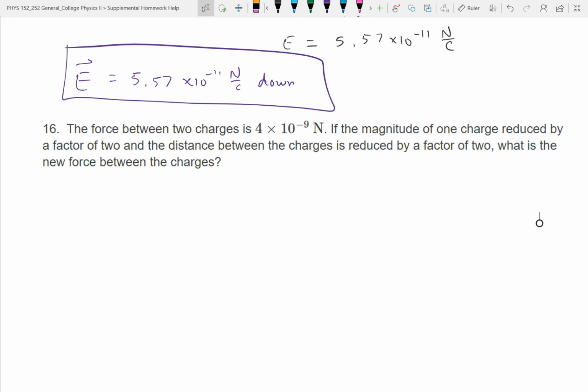If the magnitude of one charge is reduced by a factor of 2 and the distance between the charges is reduced by a factor of 2, what is the new force between the charges?